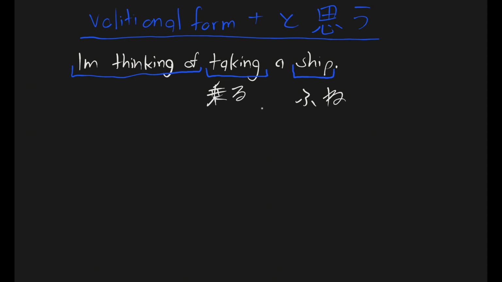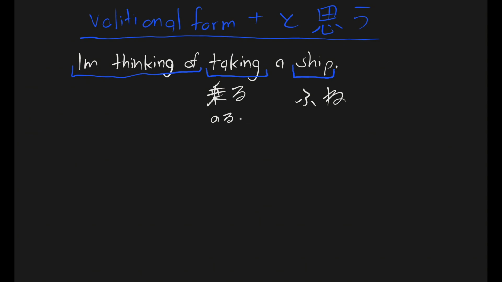So noru, which we did talk about actually when we were looking at the volitional form and how to form it. Noru is an u verb or a godan verb, meaning it's not as simple as taking the ru off and putting a yo. It's not no yo.